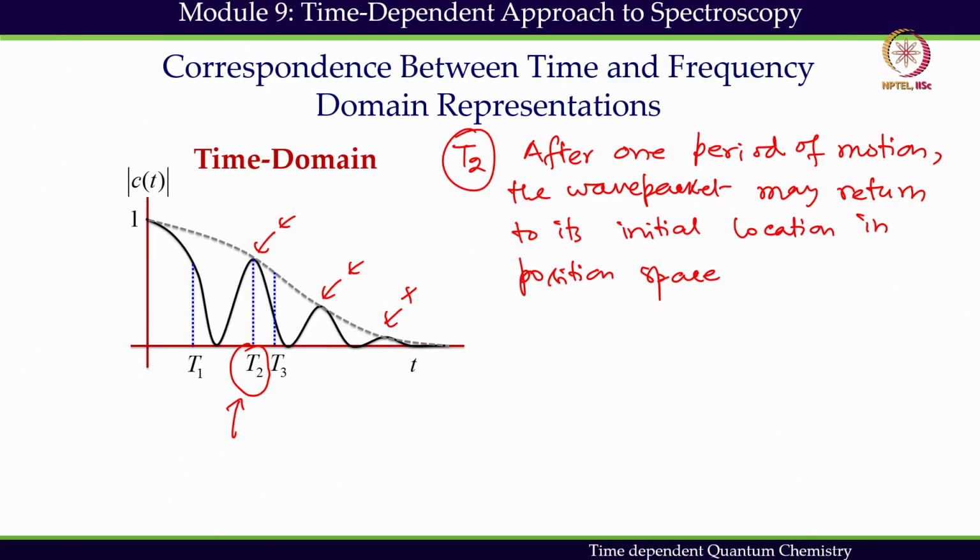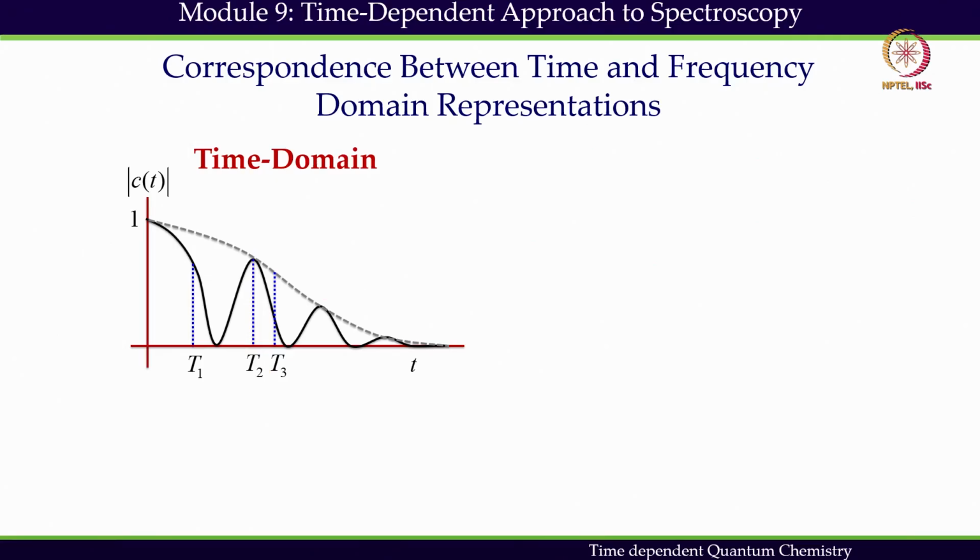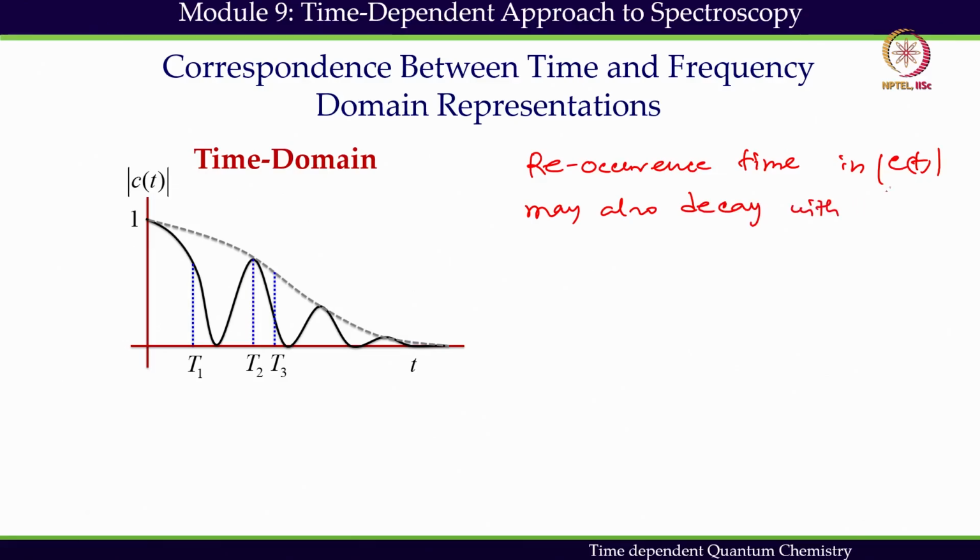We can have another situation when there is a reoccurrence of the wave packet. The situation is the following. This reoccurrence in CT may also decay with a third time scale.